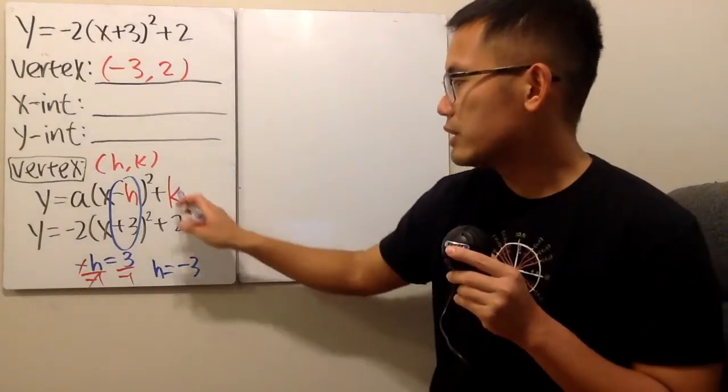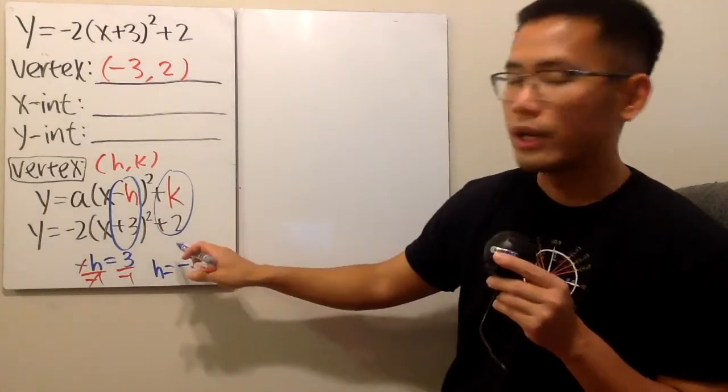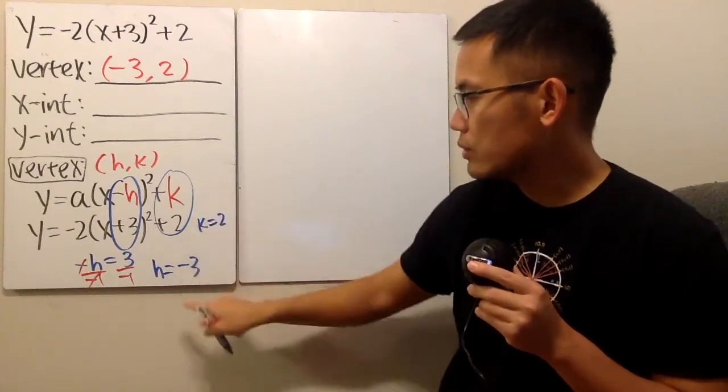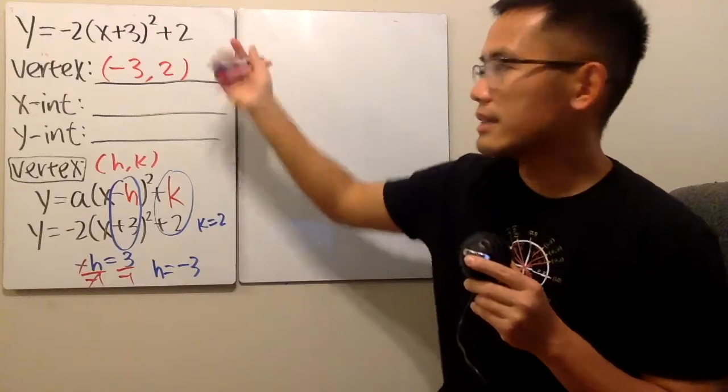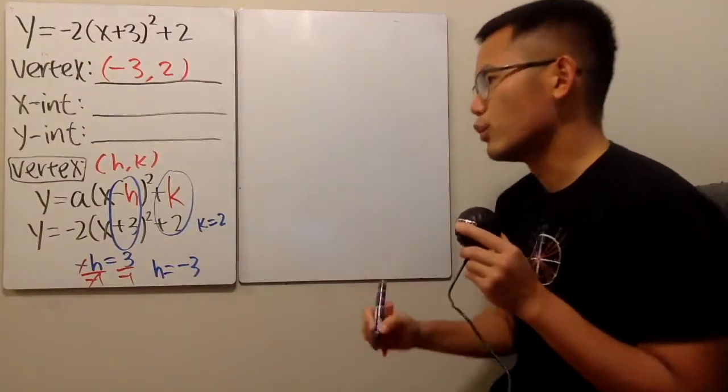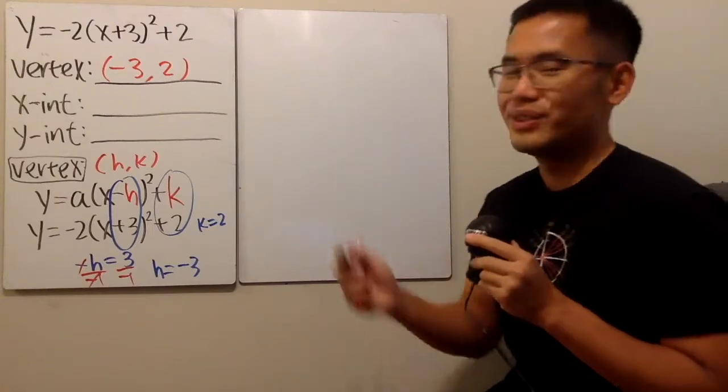And this right here is not tricky at all because k is just whatever you see right here, +2. So k is equal to +2, h is equal to -3. That's how we get the vertex, and you can just do this right away. You don't have to show the work like that every single time, but it's good if you do.